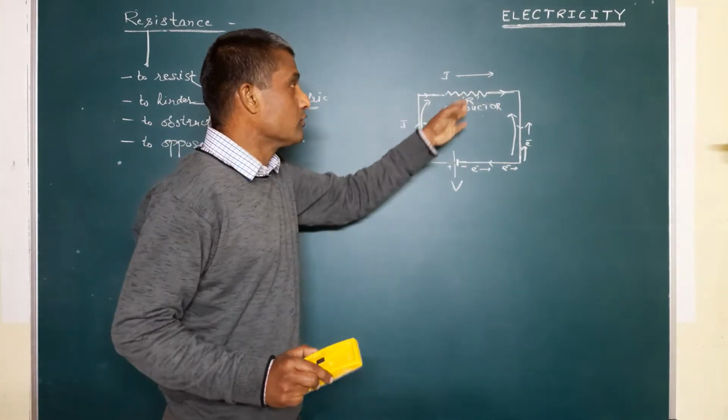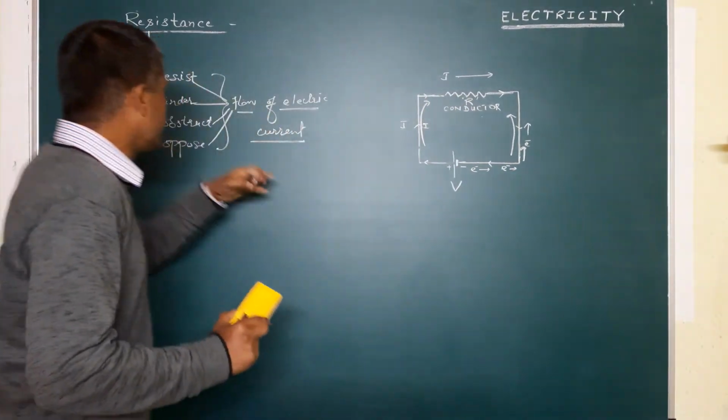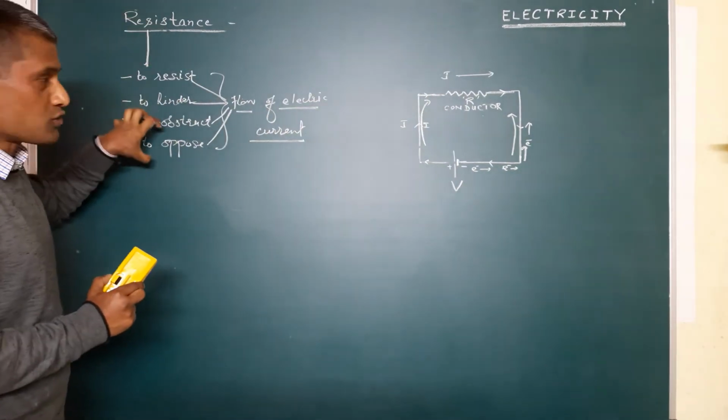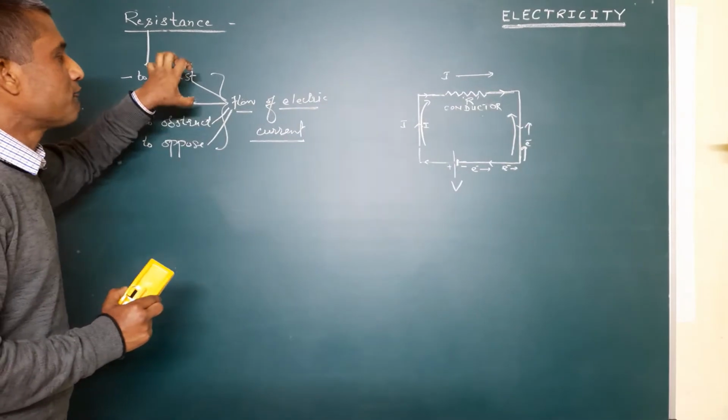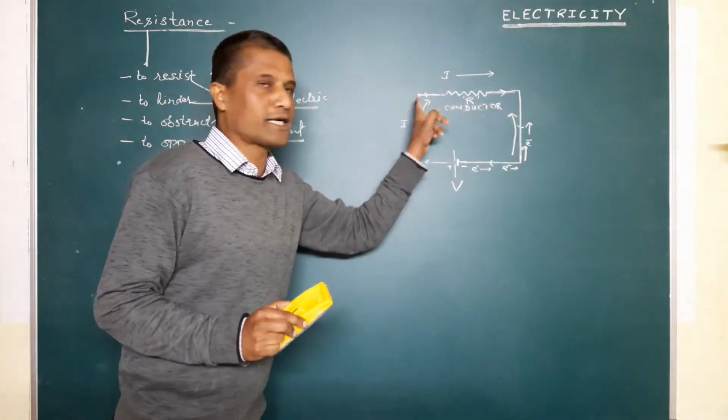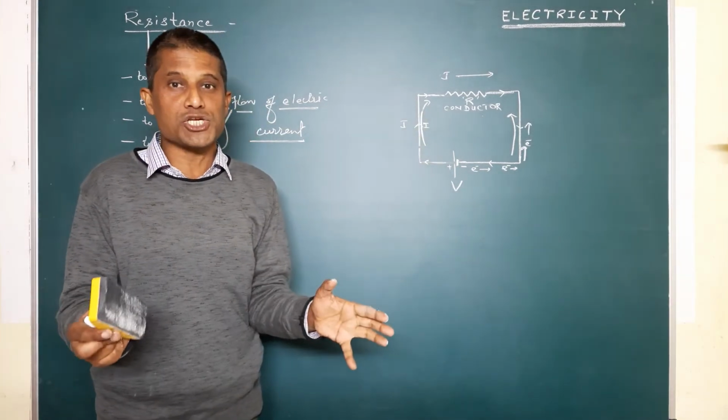But anyway, I am going to come back to this after a while. But here, the resistance is to resist, to hinder, to obstruct, to oppose the flow of electric current through the conductor. So that is the definition here.